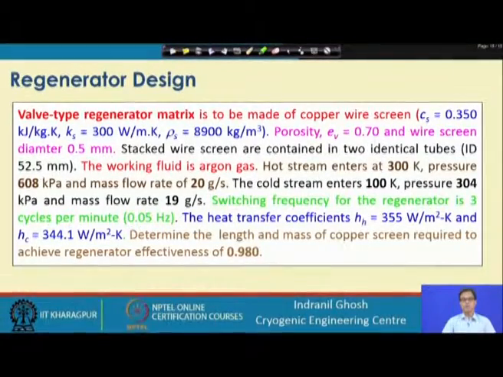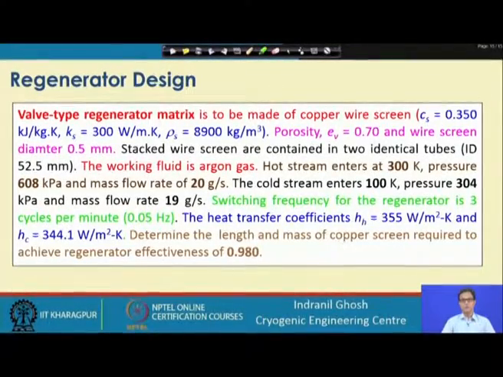The switching frequency of the regenerator is 3 cycles per minute. That means the hot fluid and the cold fluid streams will change at that frequency. For this particular problem we have already specified the heat transfer coefficient. Otherwise, it is generally not known, and we are supposed to find it once the wire screen and the flow rates are known.